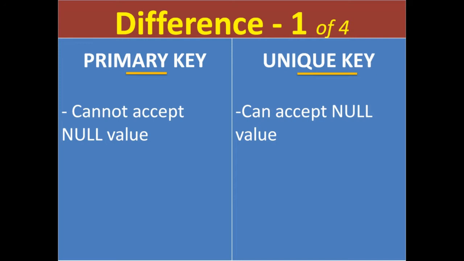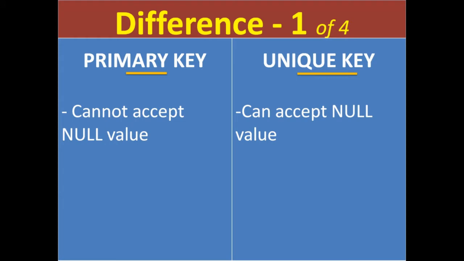What is unique key? Unique key also identifies an individual row uniquely in a table. So it looks the same, right? Let's see now what the differences are between primary key and unique key.